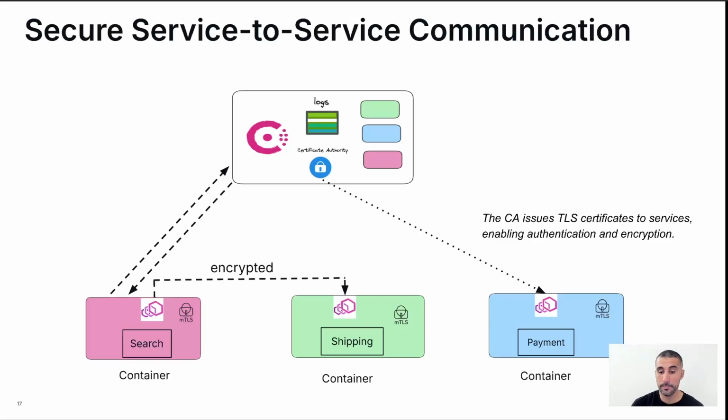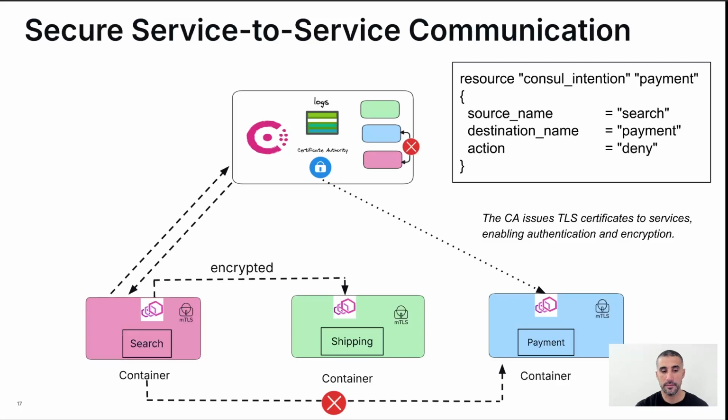Instead of relying on IPs, a service mesh enforces service intentions, where policies determine which services can communicate, rather than saying allow traffic from one IP to another. We define rules such as allow search to communicate with shipping, or search to communicate with payment.